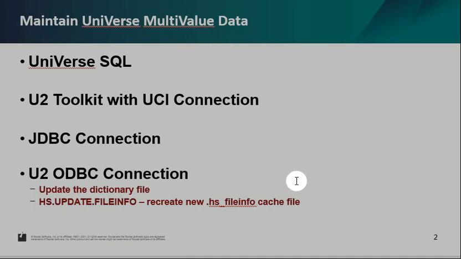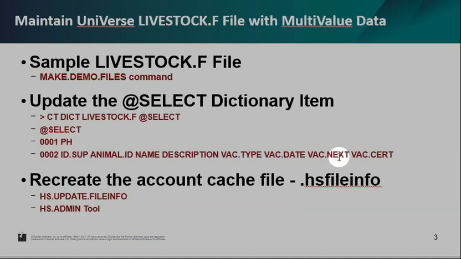After you update it, you need to run the hs.mn tool to update the cache file, or you can run the command called hs.update.fileinfo. The dictionary item is very important, called the select dictionary item.